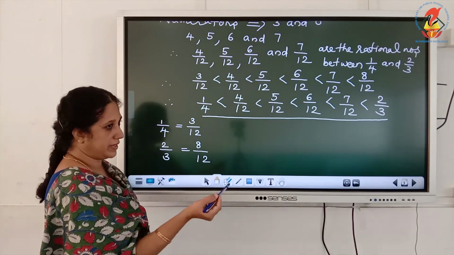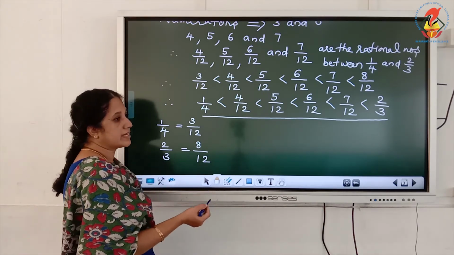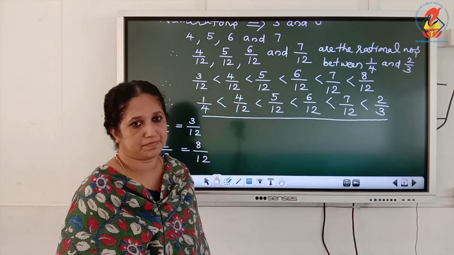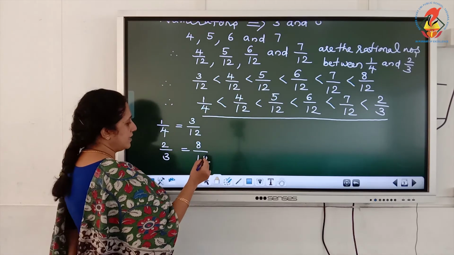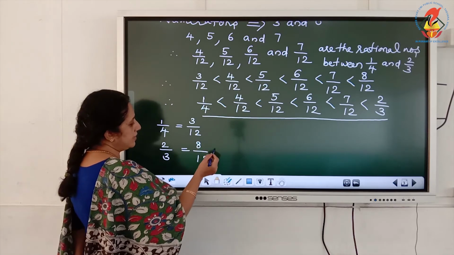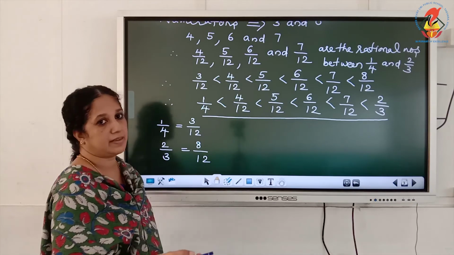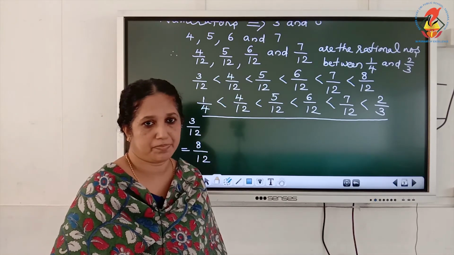So you have to find equivalent rational numbers with a large common denominator. The meaning is that you can make the denominator a bigger number.